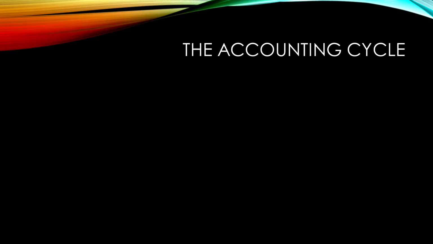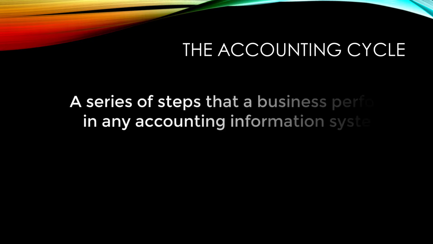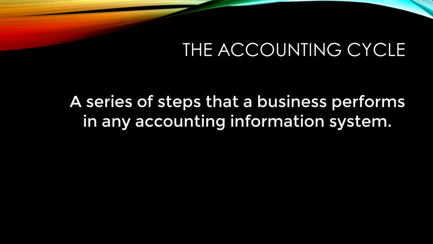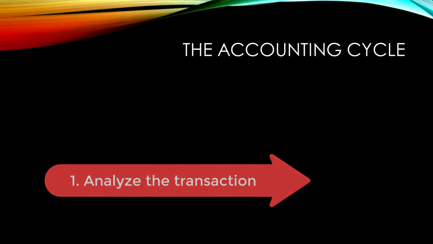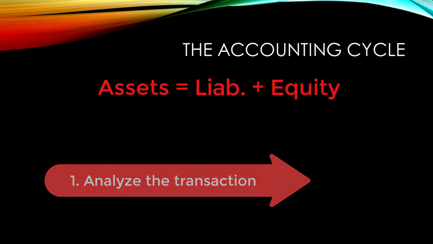In previous chapters, we have been learning what the accounting cycle is. Remember, the accounting cycle is a series of steps that all businesses must perform in order to have a good financial accounting information system. Let's review the steps now. The first step was to analyze the transaction.